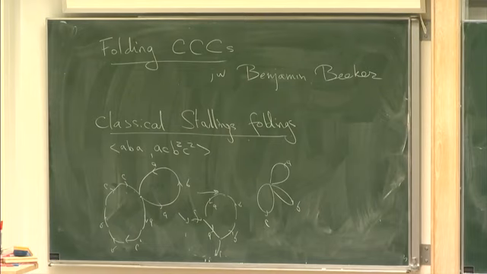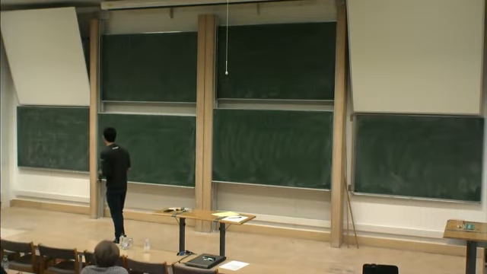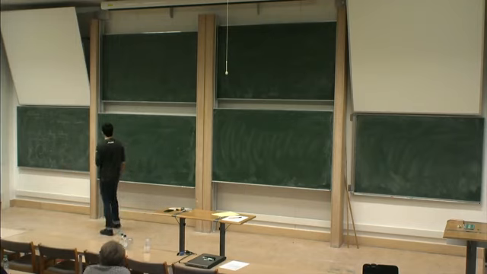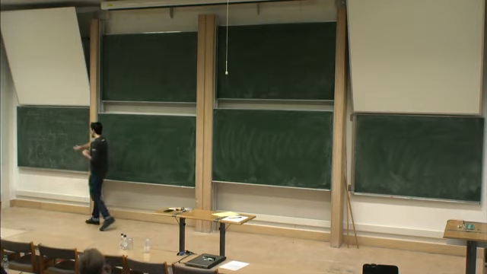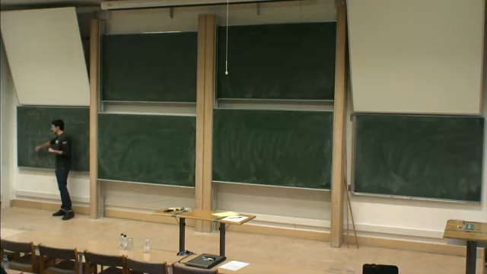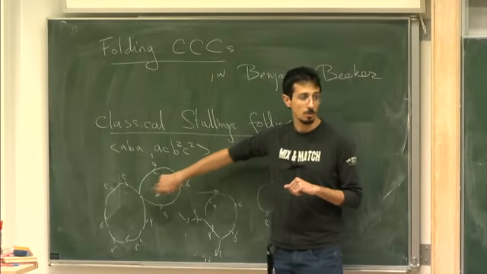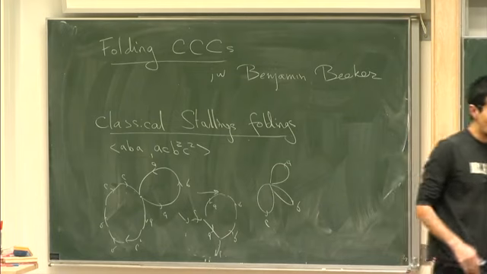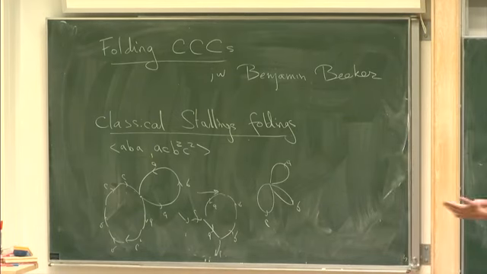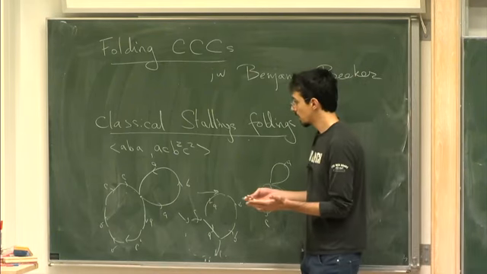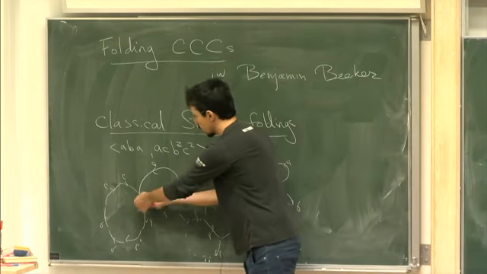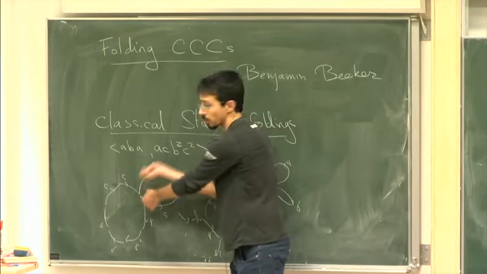Let me describe a variant of this, which is again due to Stallings. So this was in order to study the subgroup of a free group. And while doing the folds, you should notice that maybe something folds over another petal.